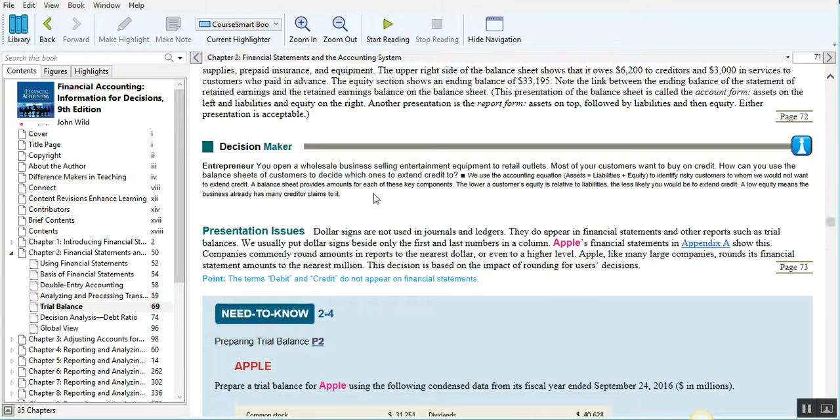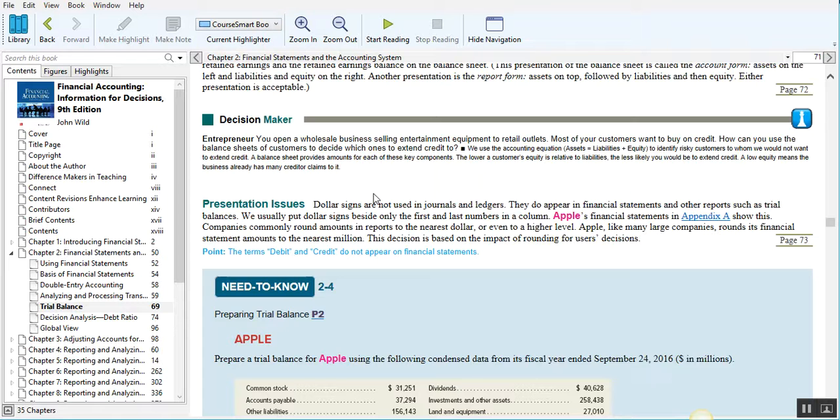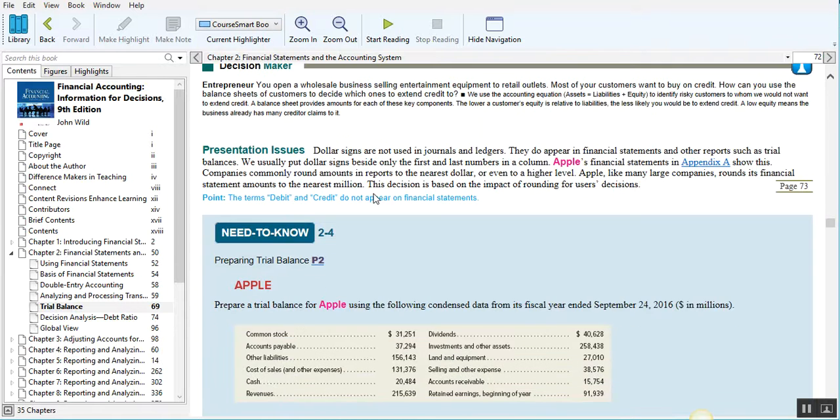Basically, with the financial statements, there are some presentation issues they give you here. When you're talking about transferring numbers to the financial statements, and you've been thinking in debit and credit terms the whole time, you do not use debit and credit on the financial statements.